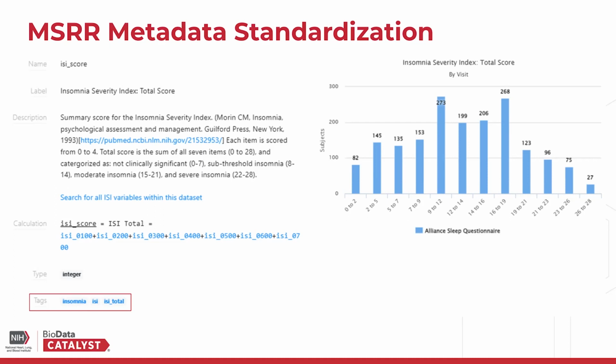You could search for all variables in this data set that are under this. You could see the mathematical calculation. You could find out if it's an integer, and you could find some synonyms or tags. And then in this particular data set, you could actually see the distribution of who had what level of score. Next slide.